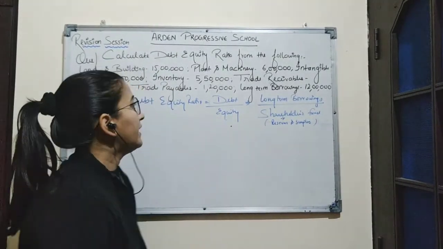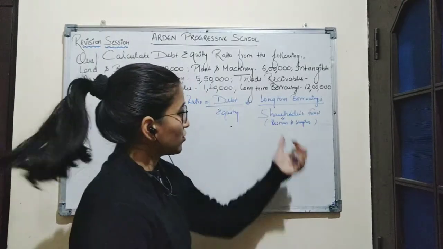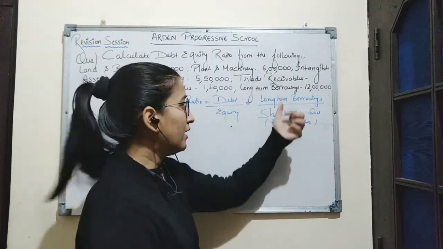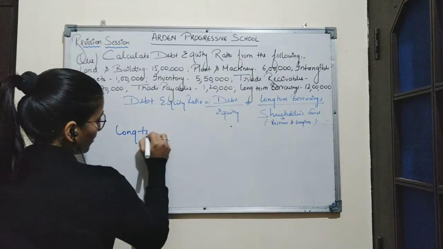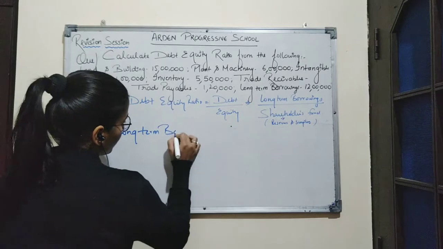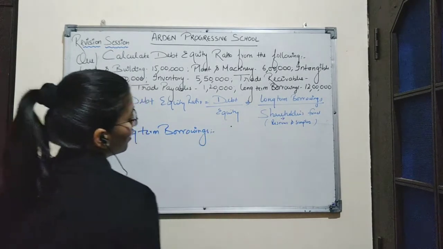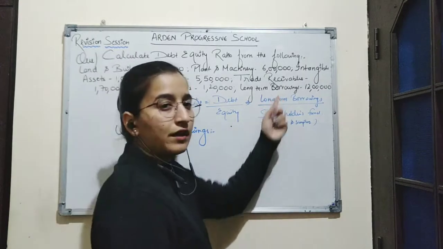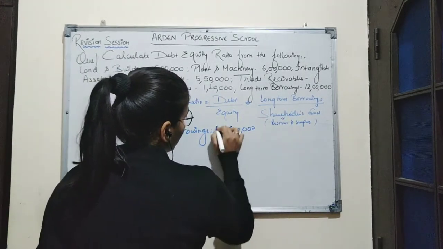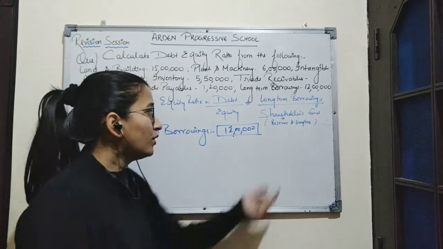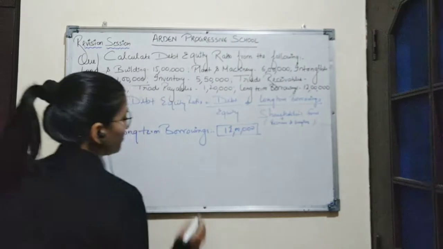Now to calculate debt equity ratio, we require long term borrowings also. Shareholders fund we have calculated. Now we will calculate long term borrowings. So in the question, long term borrowings amount is already given, which is rupees 12 lakh. We'll put the amount of shareholders fund and long term borrowings in the formula.